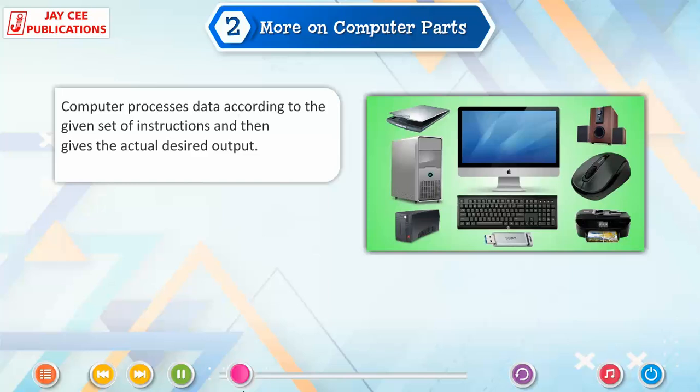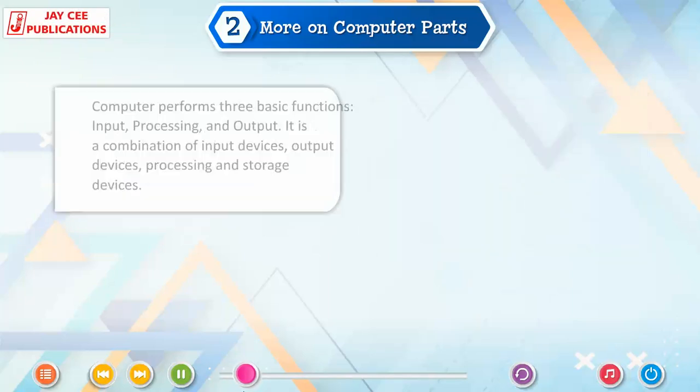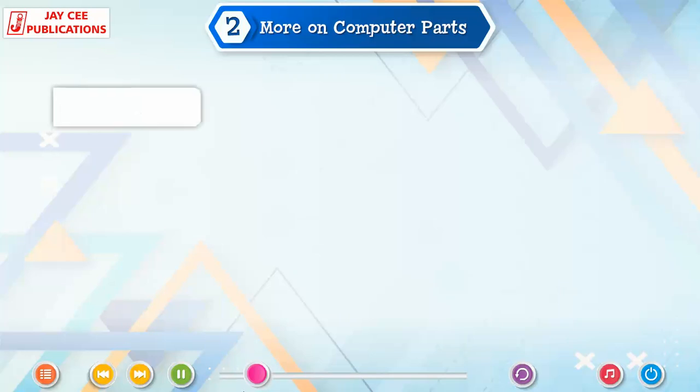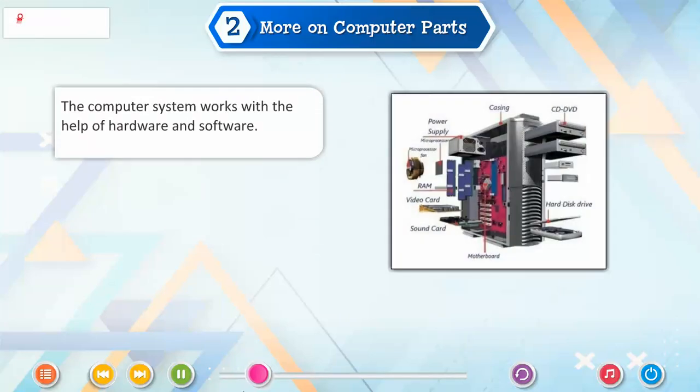Computer processes data according to the given set of instructions and then gives the actual desired output. Computer performs three basic functions: input, processing, and output. It is a combination of input devices, output devices, processing, and storage devices. The computer system works with the help of hardware and software.